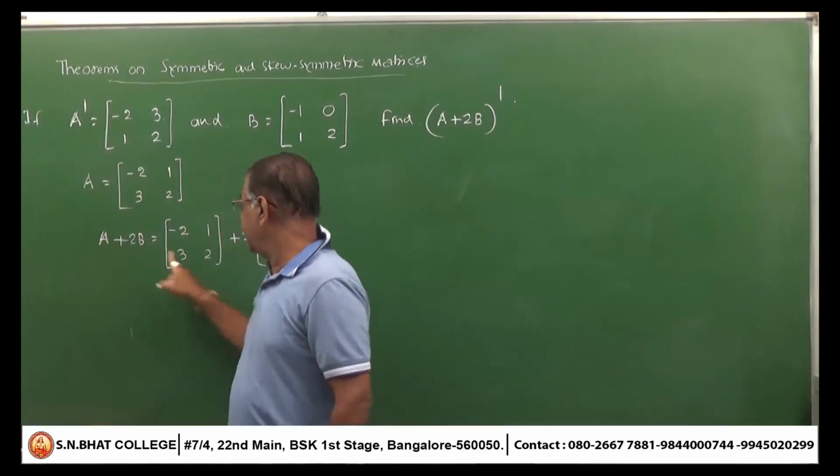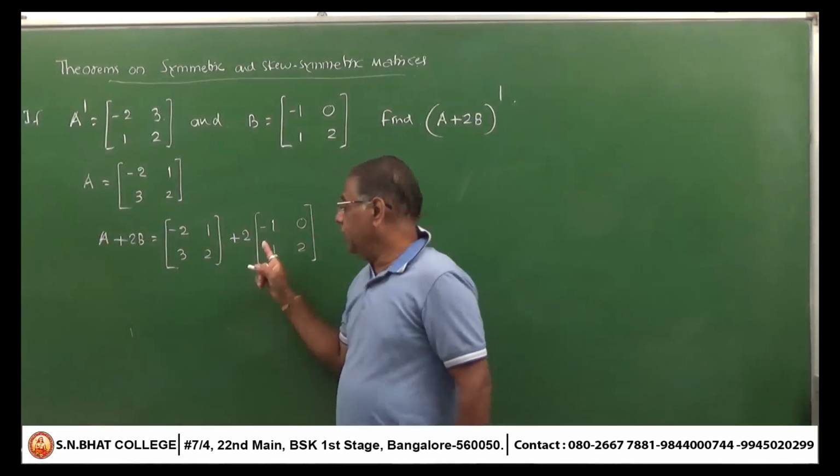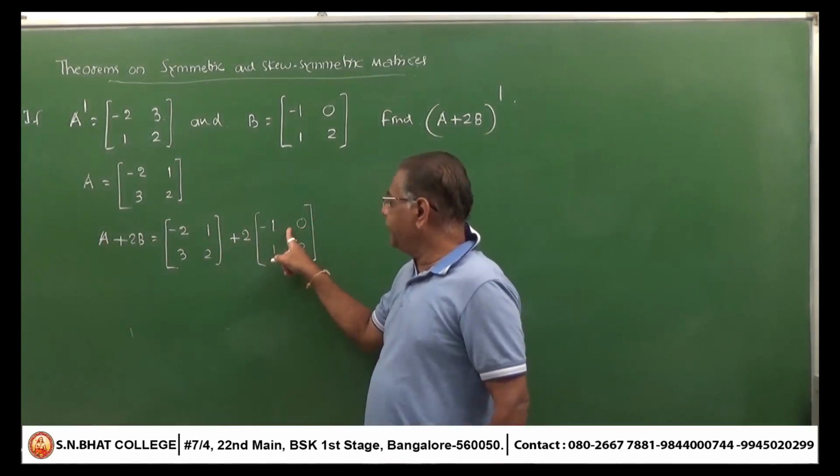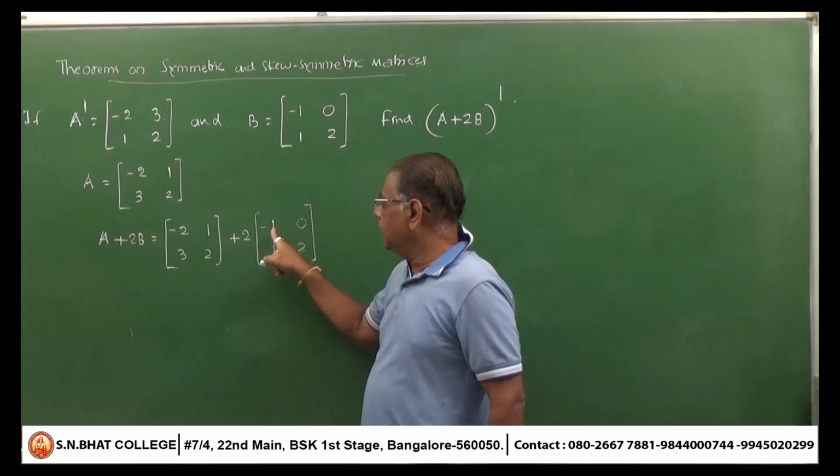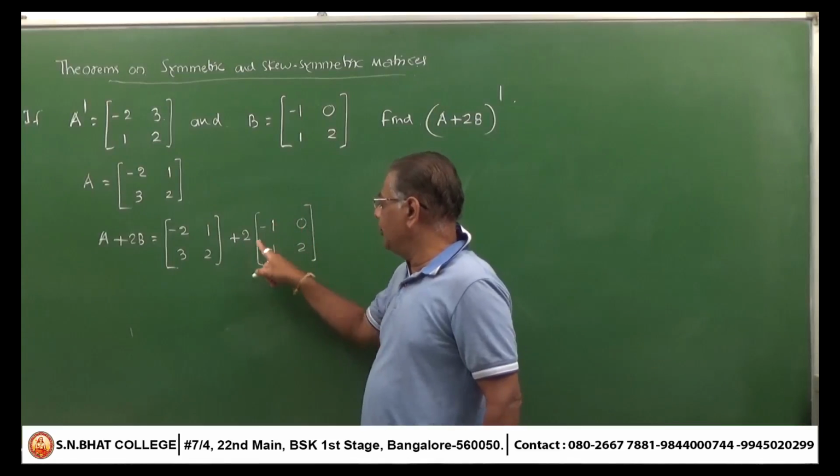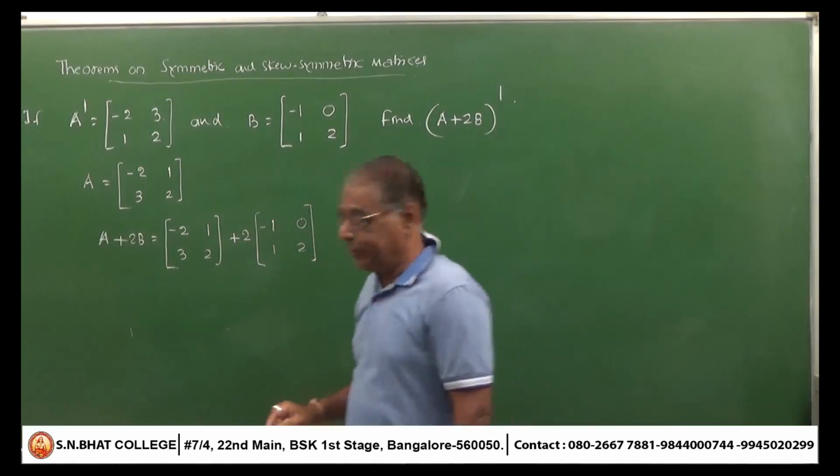This is A plus 2B. Second, we are multiplying this matrix by 2, which means multiply each element by 2.